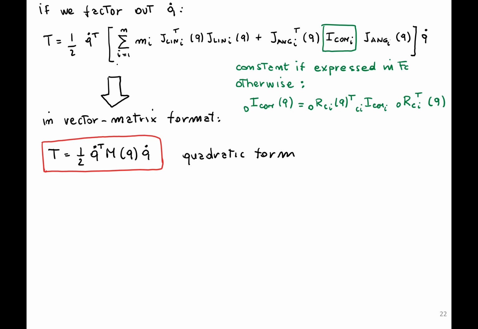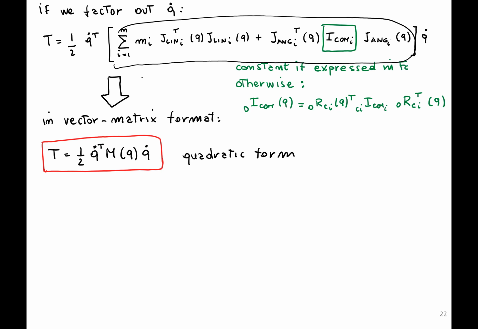All this big expression becomes the inertia matrix of the robot M, which has a dependency on q and q dot. Sorry, only on q, while the dependency on q dot is outside, in the kinetic energy. So the kinetic energy is a quadratic form.